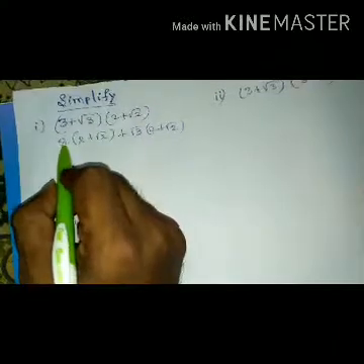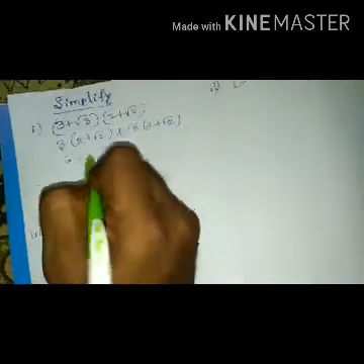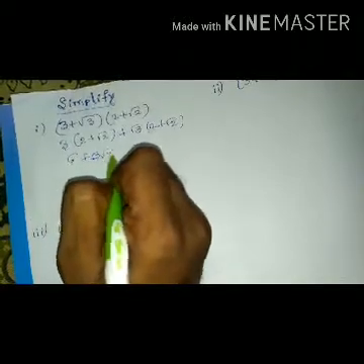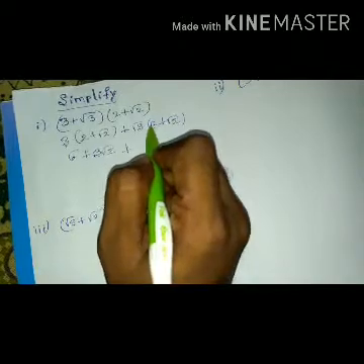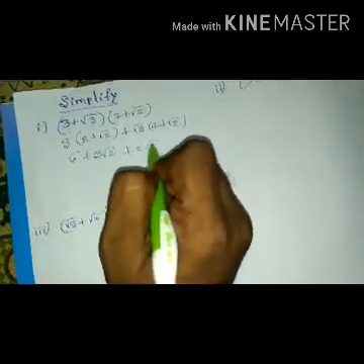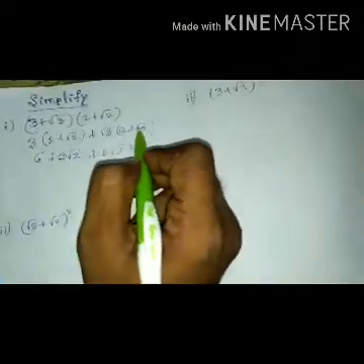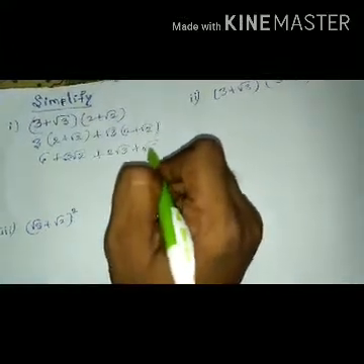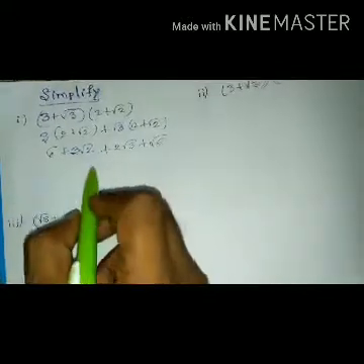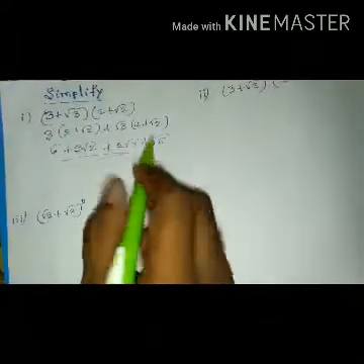So multiplying these, 3 into 2 is 6, plus 3 into √2 is 3√2, plus √3 into 2, which is 2√3, plus √2 into √3, which means √(3 into 2), and 3 into 2 is 6, so √6. So it is the product of these two binomials.